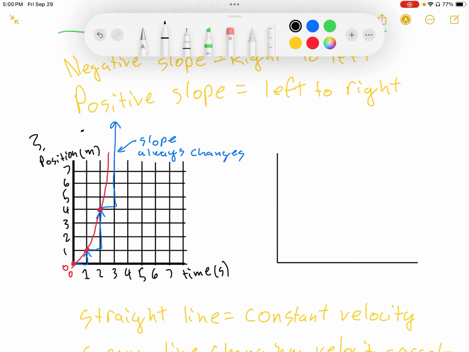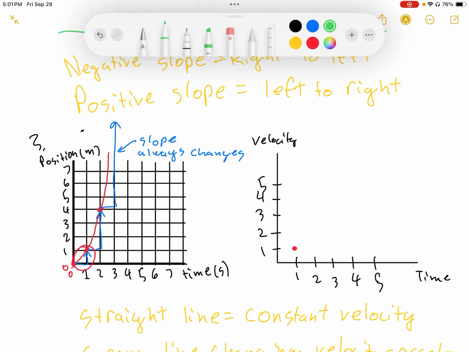My velocity graph here, if this is now velocity, and this is time, I'm going to have a graph that looks something like this. So this is 1 meter per second, 2 meters per second, 3, 4, 5 meters per second, and 1 second, 2 seconds, 3 seconds, 4 seconds, 5 seconds. So this graph is going to look something like this, because this rise over run was 1.